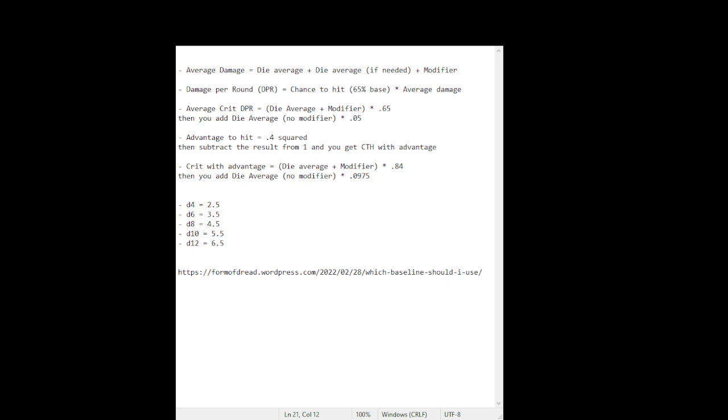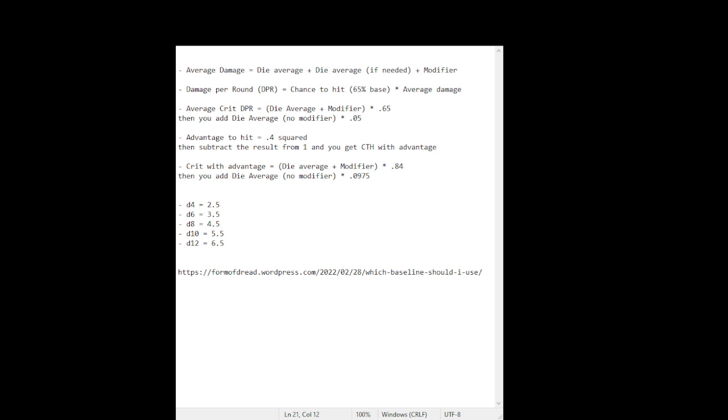So if your average chance to hit without any negatives and any positives is 65%, and you lower it, what do you do? I'll give you about a couple of seconds to figure it out. That's right, you subtract your chance to hit.